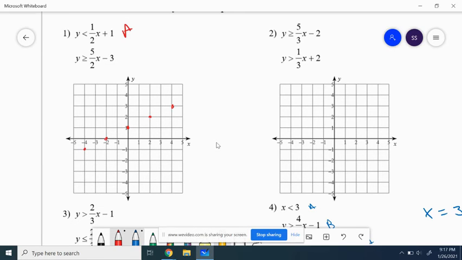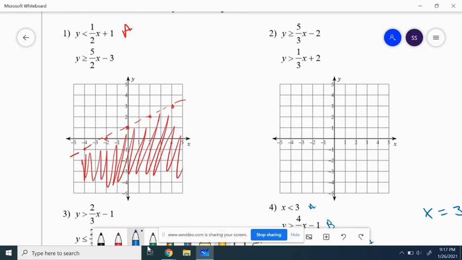Is it a solid or dashed line? There is no line underneath, so it is a dashed line. It is less than, so we shade below. Okay, so that's everything down there.